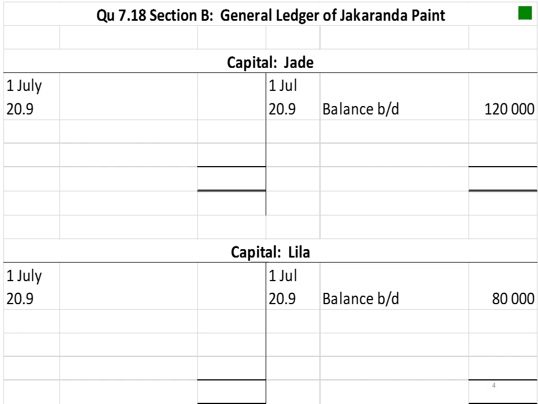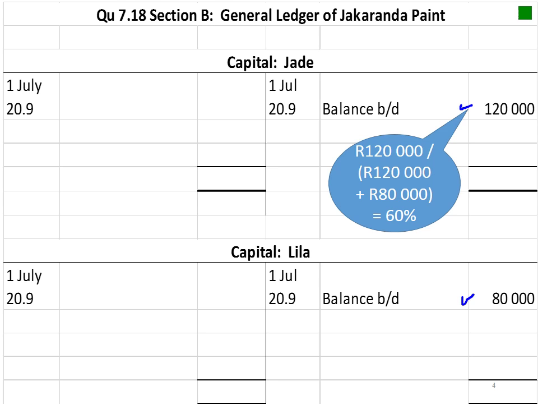So the first thing we do in the capital accounts is we put in the opening balances. So remember, these balances up to now have just been the contributions that the partners have made to the partnership, and nothing else has probably touched them besides if they put additional amounts in. Then this represents the total capital they've invested up until that point.